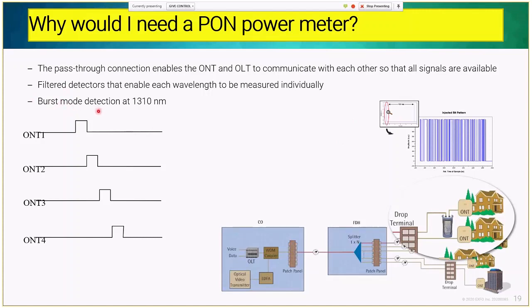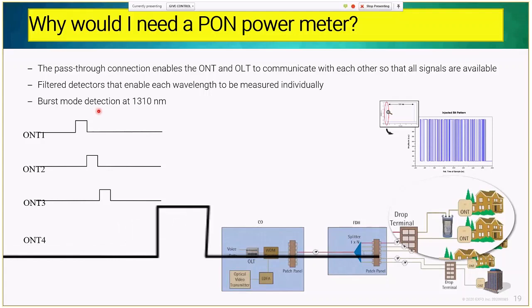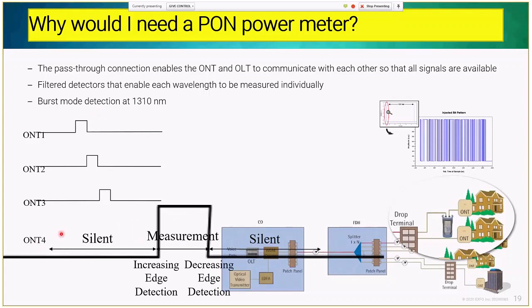So what our PON power meter does is identify the silent time and the burst time and just measure this small frame that happens in burst mode on our network. And this is why you have the possibility of measuring not only the downstream but also the upstream signal. You would not be able to do this with a normal power meter.